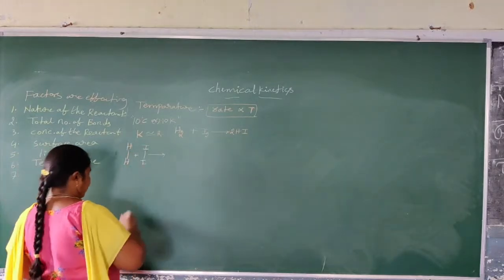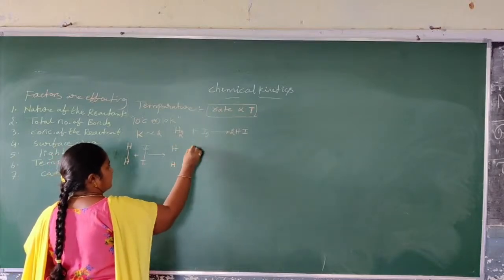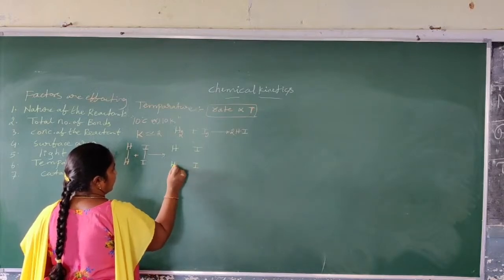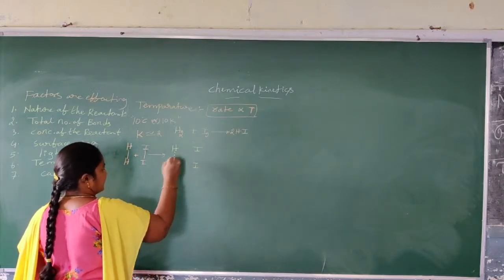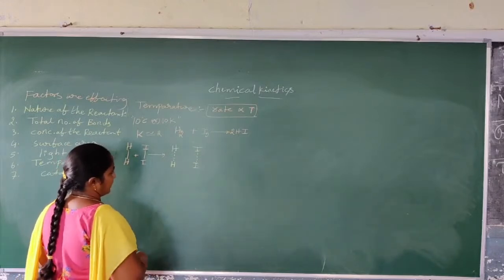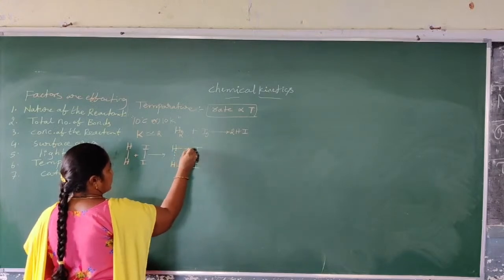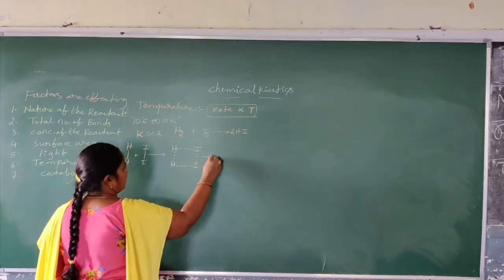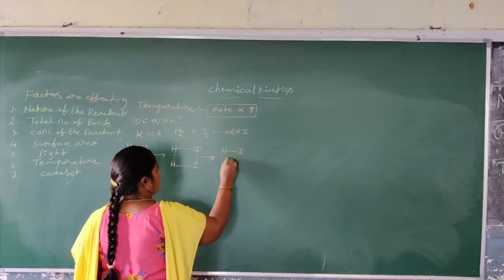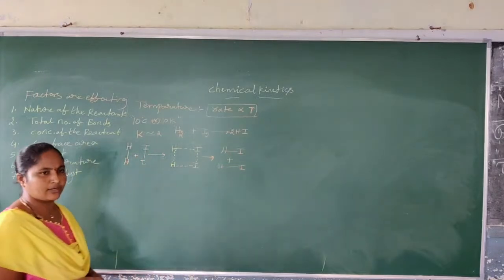That is represented like this: hydrogen, iodine, bond breaking. So that's why they are indicated by the dotted lines. Bond breaking between the iodine is indicated by the dotted lines. Bond formation also takes place. After that, we get the product, that is hydrogen iodide plus hydrogen iodide.